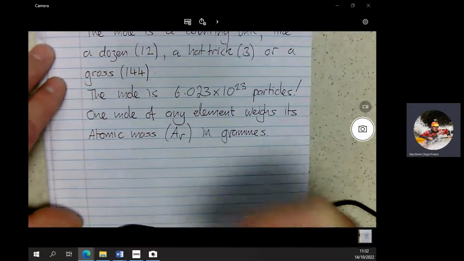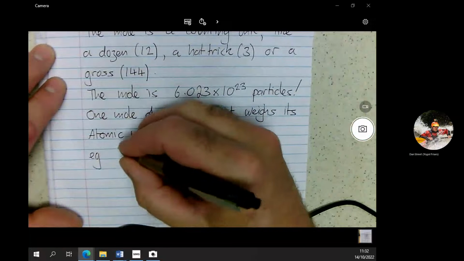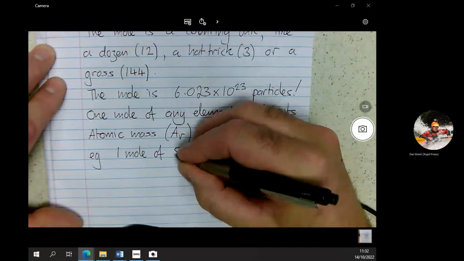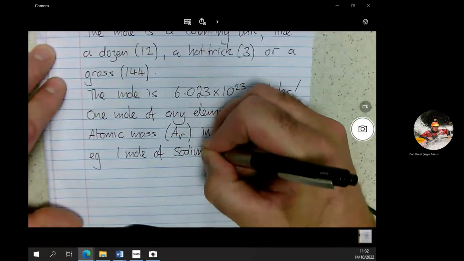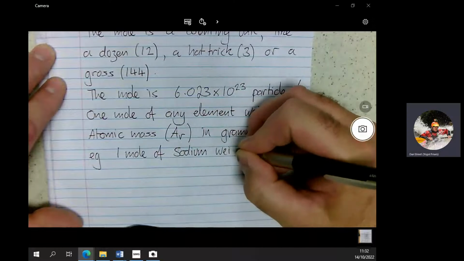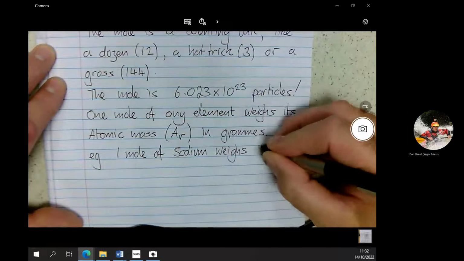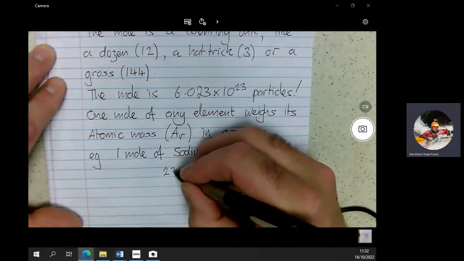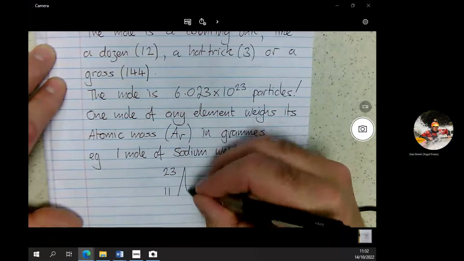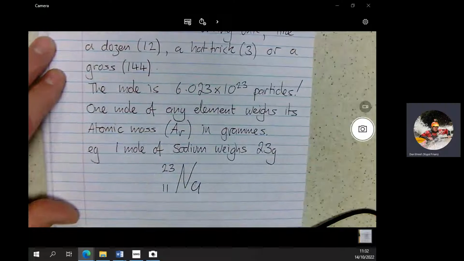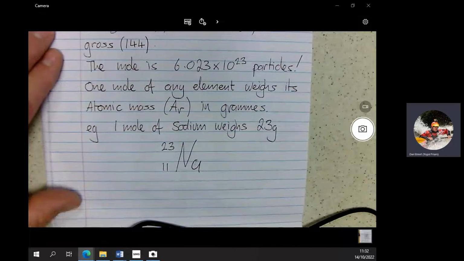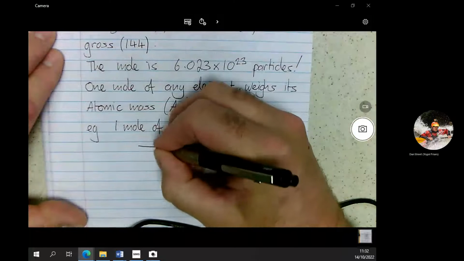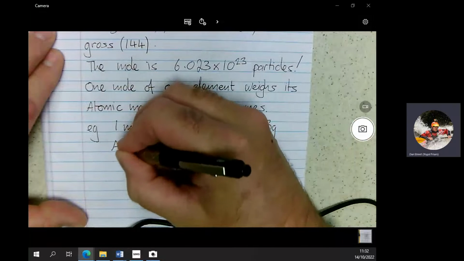So for example, 1 mole of sodium weighs 23 grams. Just to illustrate that, if we look at the periodic table, we find that information for sodium. And this is the AR.